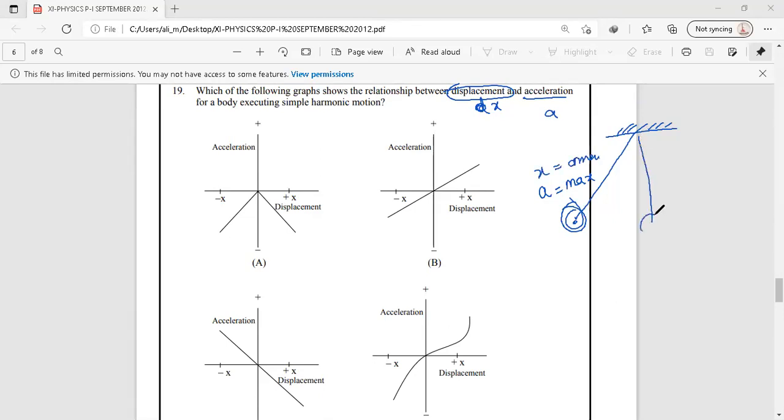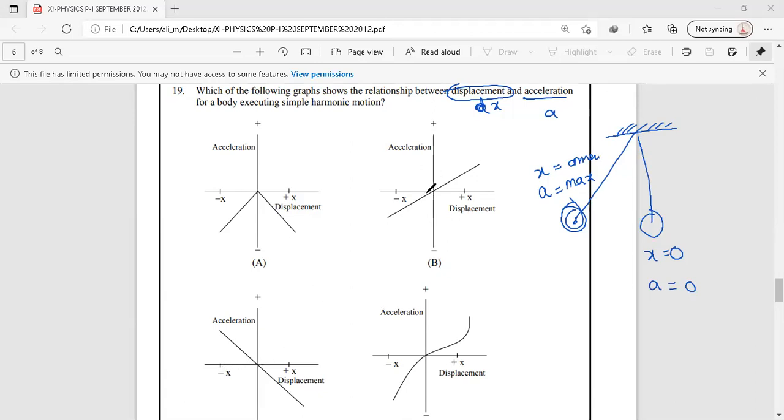At this mean position, where the displacement is zero, the acceleration is also zero. This shows that both these characteristics are zero at mean position while maximum at extreme position. Similarly, if this is the positive displacement, the acceleration will be positive, and for negative displacement, the acceleration would be negative.